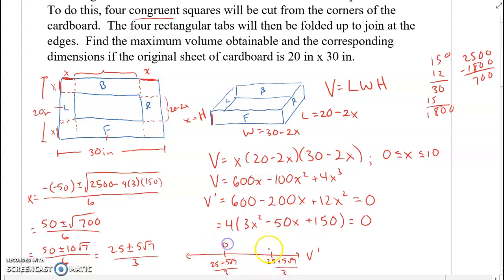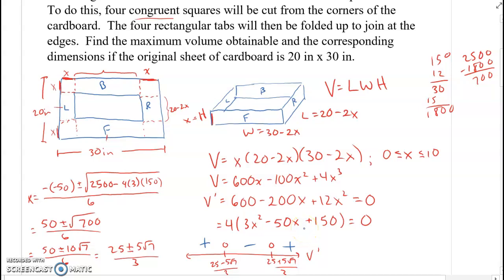These are values where the derivative of the volume equals 0. And with this idea that the parabola is coming down, hitting 0, turning around and going back up again, that means that we must have a positive, negative, positive. So our volume is increasing until we get to this number, then we start decreasing until we get to this number, and then we start increasing again.